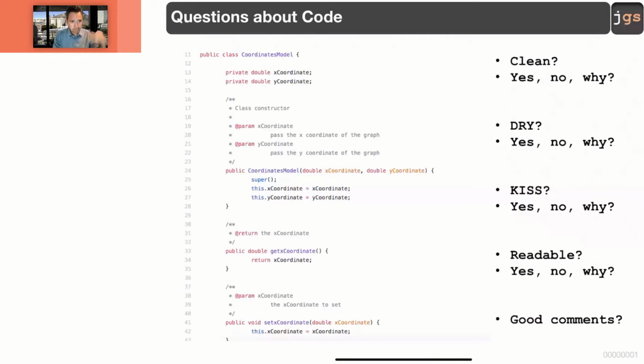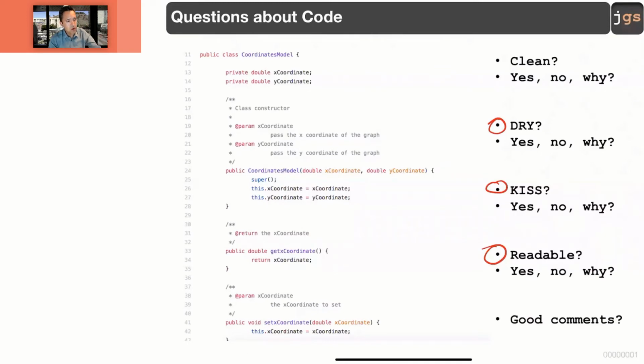So maybe I should start with the items. Like, okay, is this clean or not? The first question is, which are the things that I need to review for evaluating clean code? And hopefully you remember that we talked about those three things.